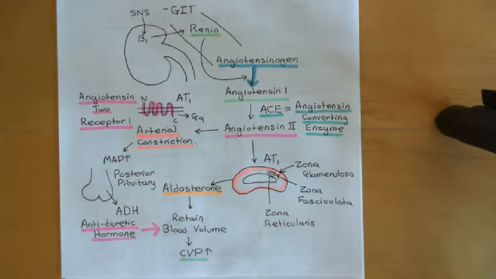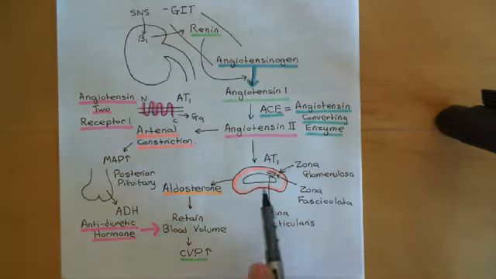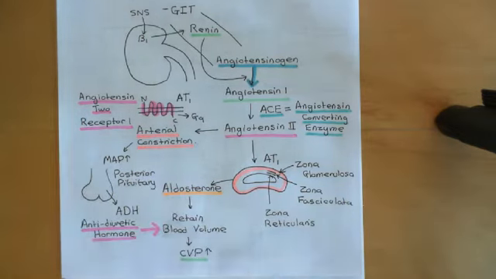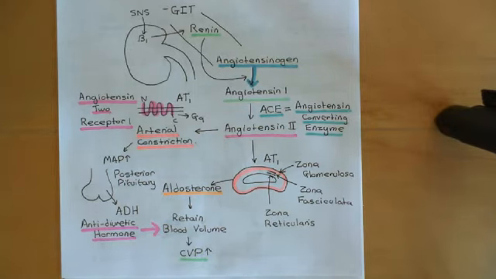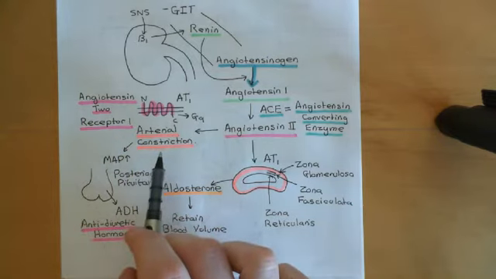So what are the effects of this? Well, let's think about what the effects of angiotensin II were. Angiotensin II worked on the angiotensin II subtype 1 receptor, that's the main receptor for angiotensin II, and it caused, firstly, arterial constriction.